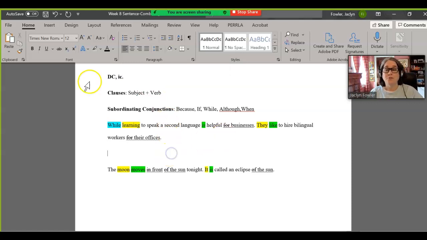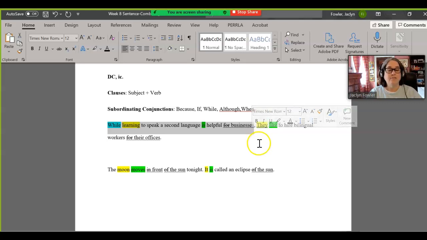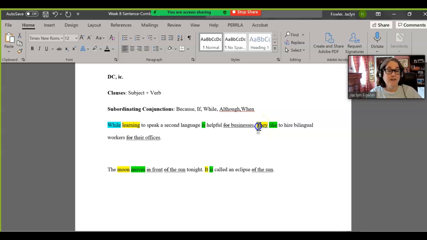Okay? So if we follow the formula here, we take out the period, we add a comma. So here's our dependent clause, and it has a comma after it. And then they is not a proper noun. It's not I. So we just make it a small t. This is our independent clause. So now it's a complete sentence.